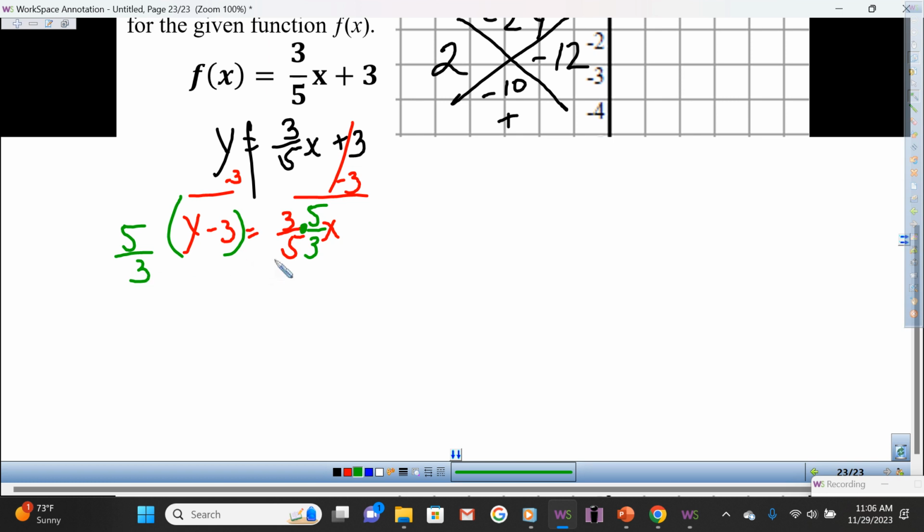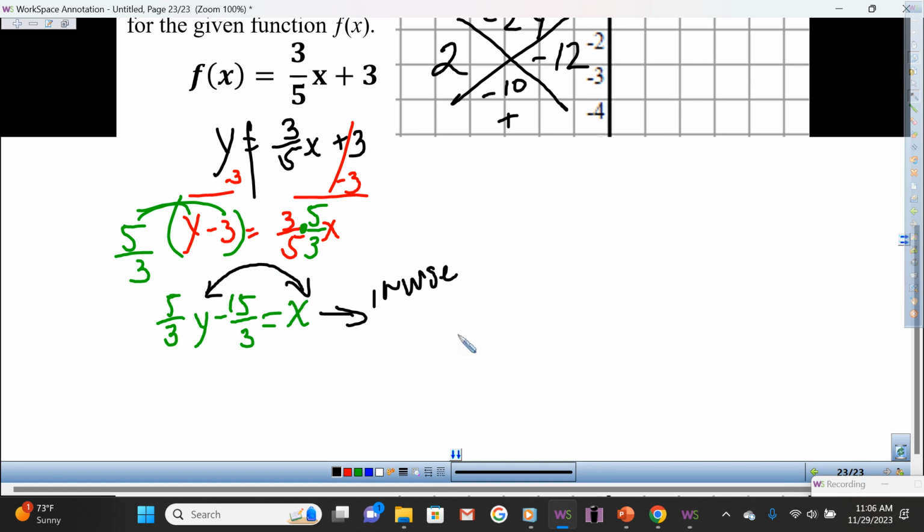I know some of you went the long way first. You multiply times 5 and then divide by 3, but this is doing both steps together. So this is 1 over 1, which is 1x. Distribute: that is 5/3 y minus 15/3. However, this is not the inverse. The inverse happens when we do what, everyone? Exchange the variables.